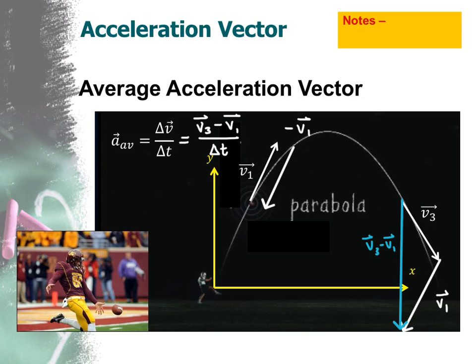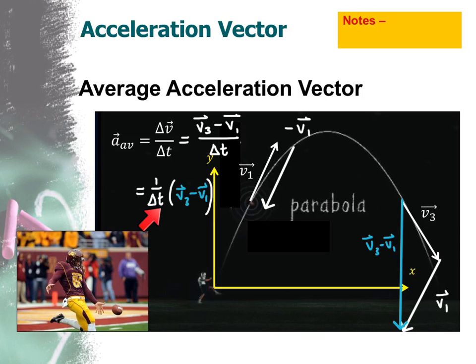So that's a vector that's pointing straight down, and hopefully that makes sense, because when we have something that is in the air and no other forces are acting on it, we should have an acceleration that is pointing in the downward direction. Now, to get the average acceleration vector, we need to take this vector, V3 minus V1, and multiply it by a scalar, 1 over the change in time.